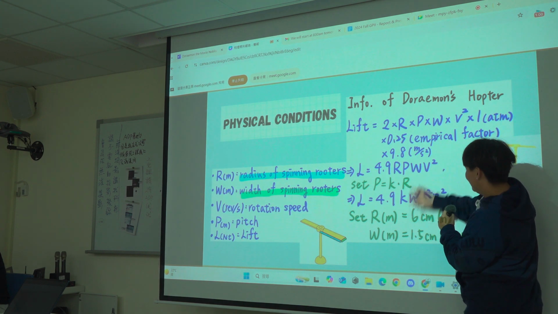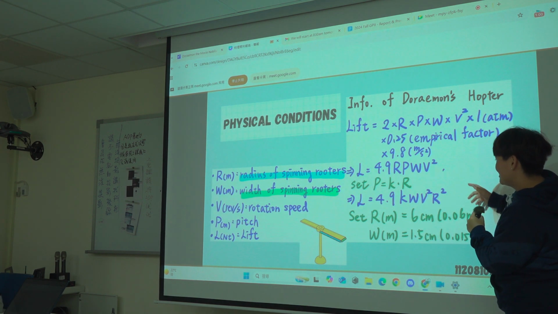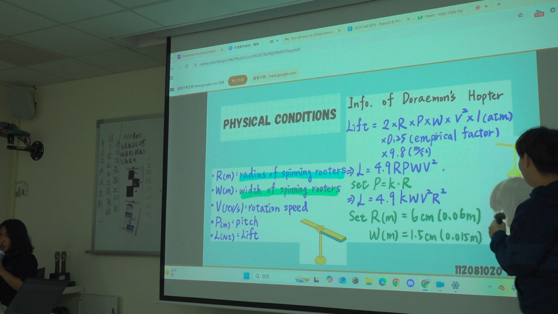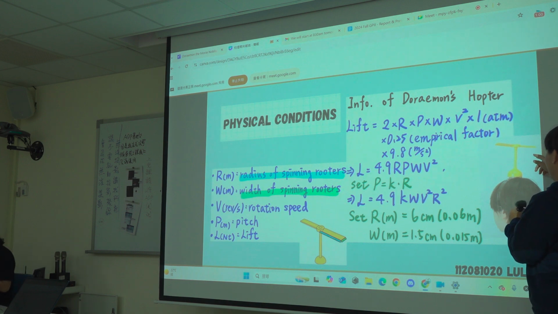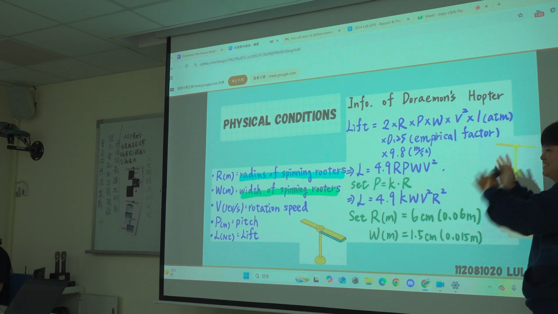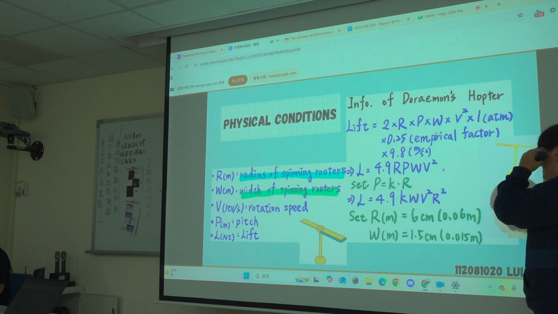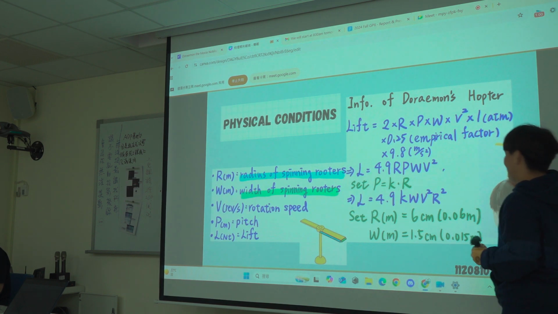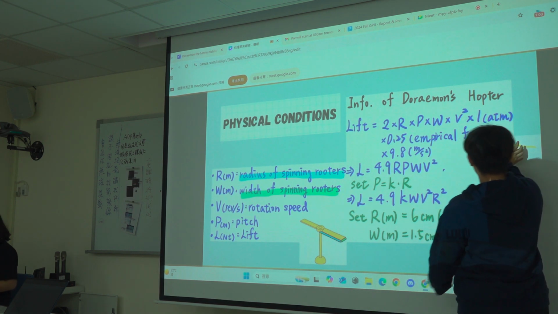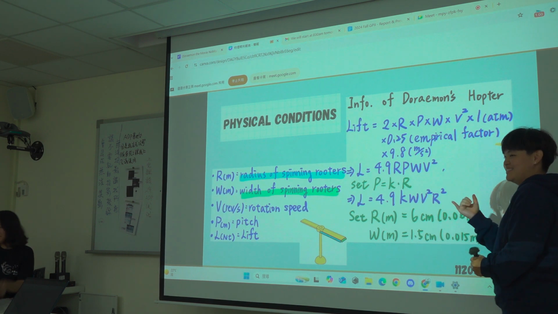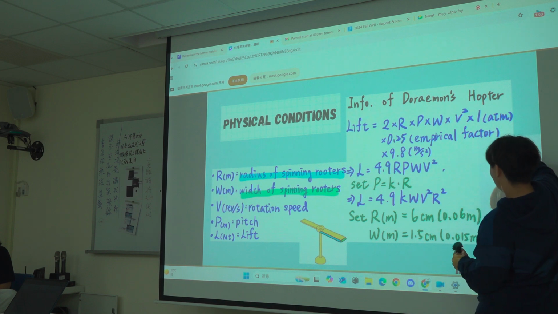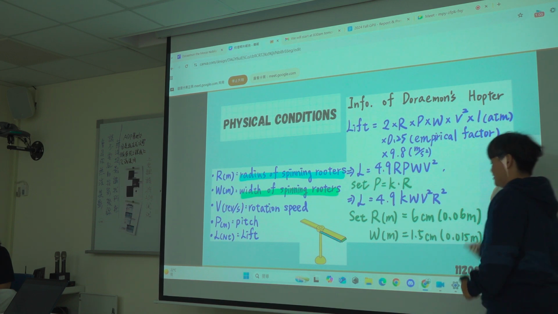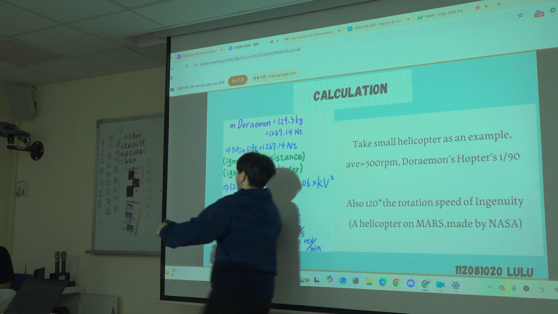And last, for the radius and the width, I found a product by a Japanese company, and I used my head as a ruler or somehow, and I found the radius of it is almost 6 centimeters, and the width of it is almost 1.5 centimeters. So to the calculation. Good. Okay.